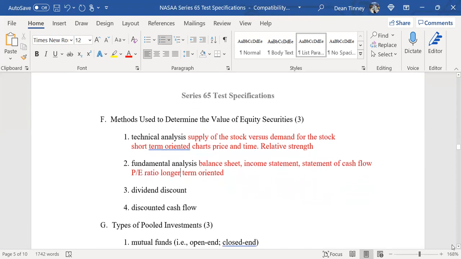And then remember this, we talked about this in a previous explication, the one on bonds and analytical tools. So remember, we have this idea of discounted cash flow.